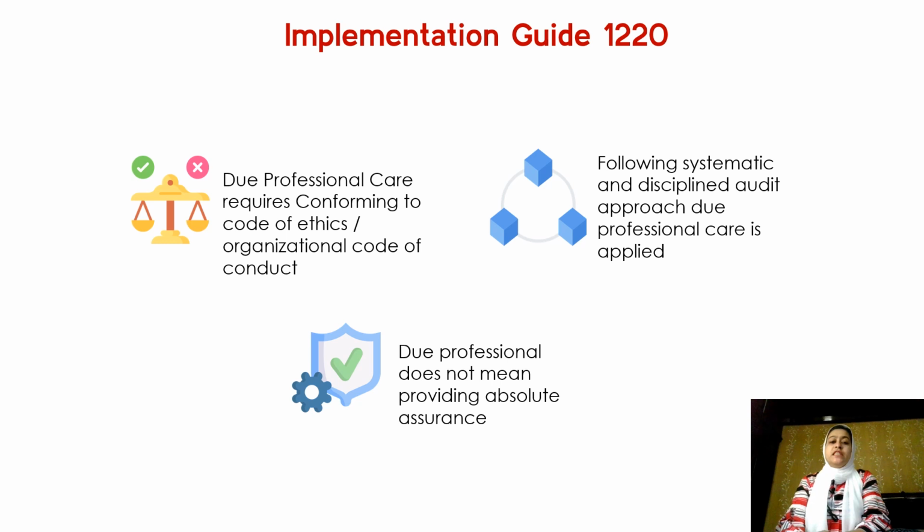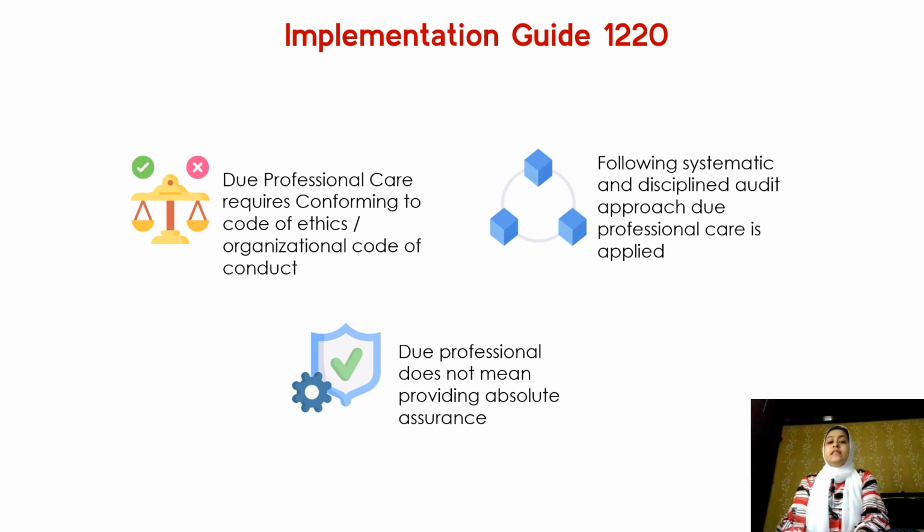Now, what does the implementation guide say about due professional care? The implementation guide highlights three important points. Firstly, due professional care requires conforming to the IIA Code of Ethics or the Organizational Code of Conduct or any other conduct required by the relevant professional certification obtained by the internal auditors. Secondly, internal audit activities have their own policies and procedures which facilitate a systematic and disciplined audit approach.